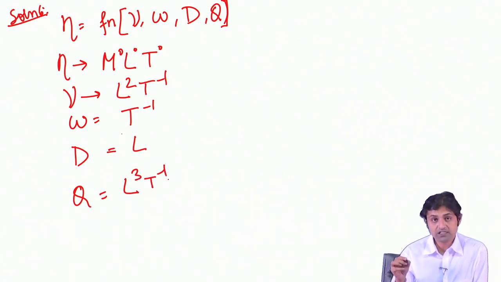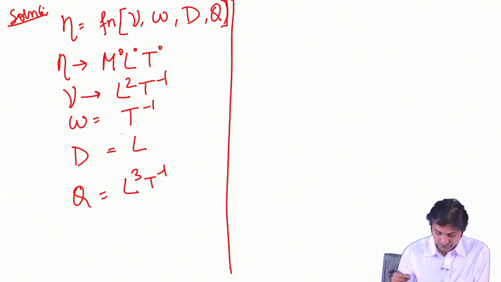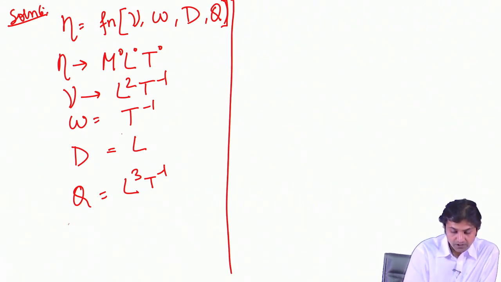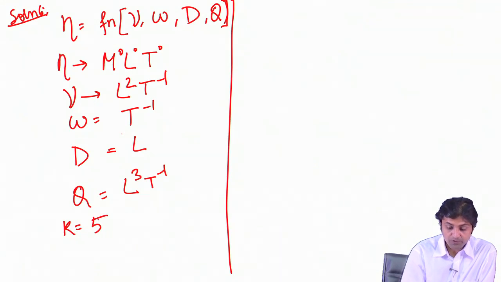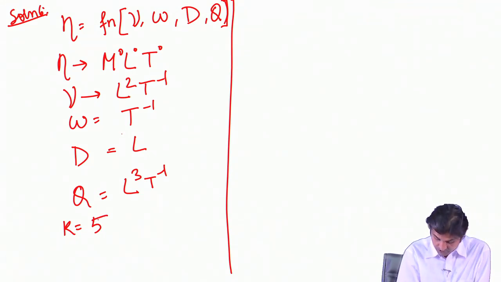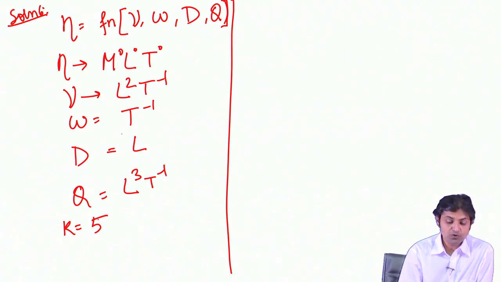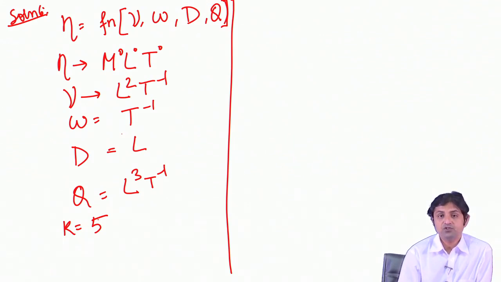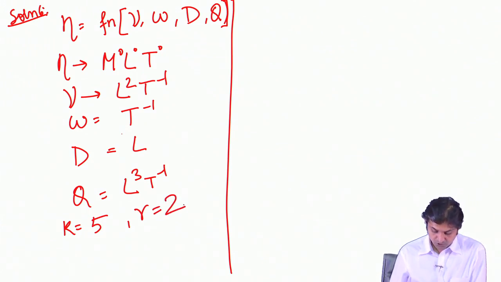So, these are the basic dimensions that we have written. And here how many variables are there? K is 1, 2, 3, 4, 5. And how many basic dimensions have been used here? You see in nu, omega, d and q, the dimensions used are L and T. There is no mass; it is M to the power 0 in efficiency. So, it is only L and T that have been used. So, R is going to be 2.